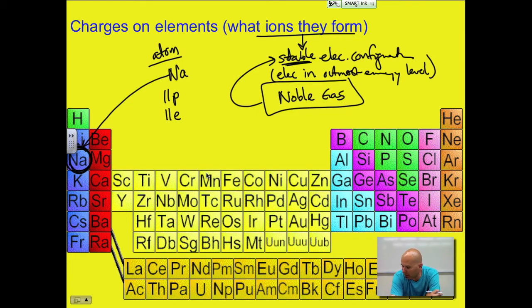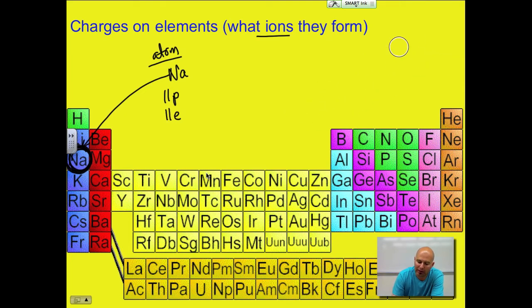So for something like sodium, all right, if we look at sodium, it's over here, and we take a look at what it would need to do to have a similar electron configuration as a noble gas. It has 11 electrons. Well, sodium is always going to have 11 protons, which are your positive.